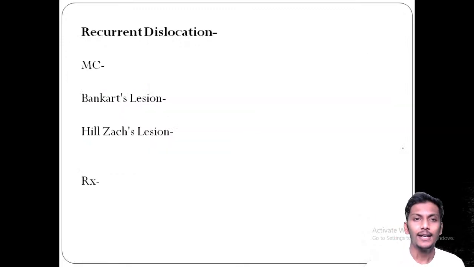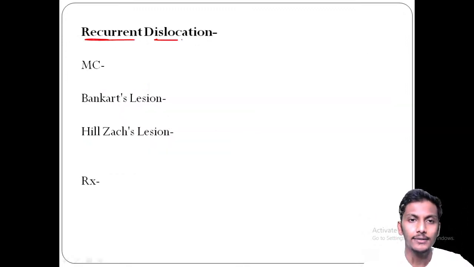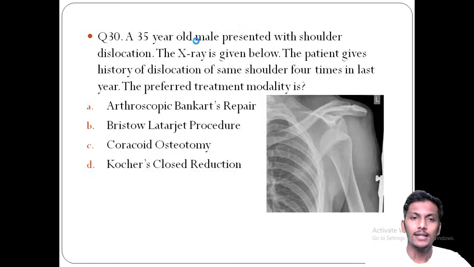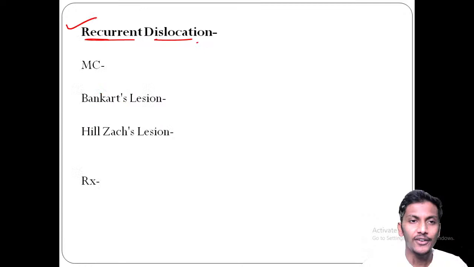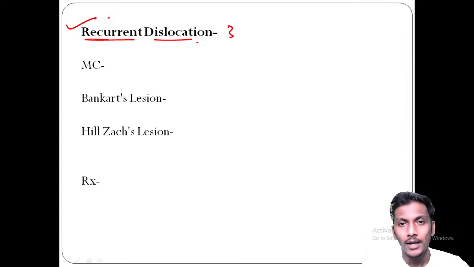Okay, so now let's discuss a few points about recurrent dislocation. This case, where there is same site dislocation more than 4 times now, is a case of recurrent dislocation. So how do we define recurrent dislocation? There are 3 or more dislocations of the same joint.